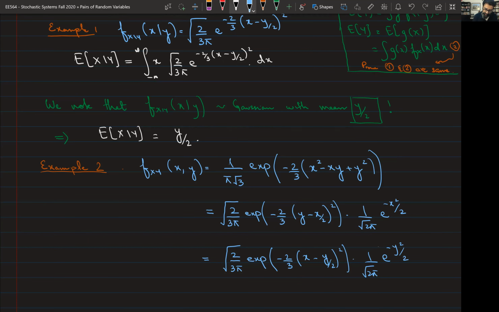And this thing here is f of y given x times f_X of x. So this is exactly what problem 5.10 was: given the joint distribution, find the conditional density function and the marginal density function.